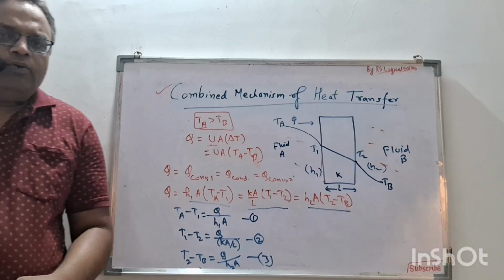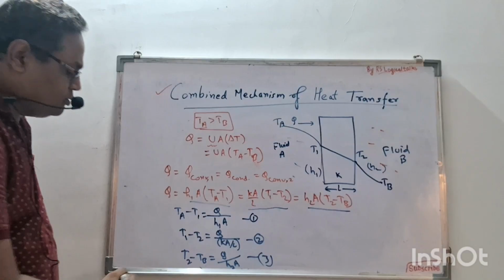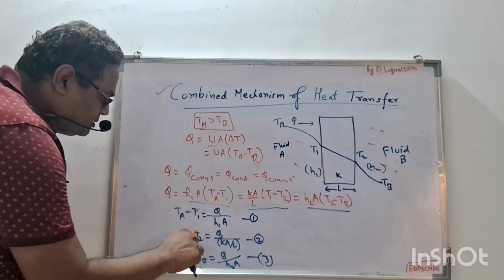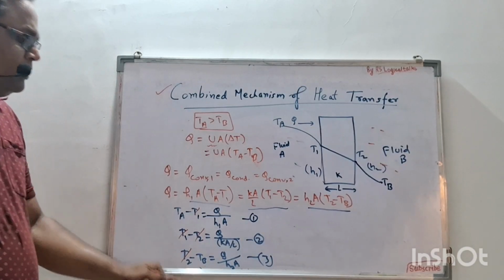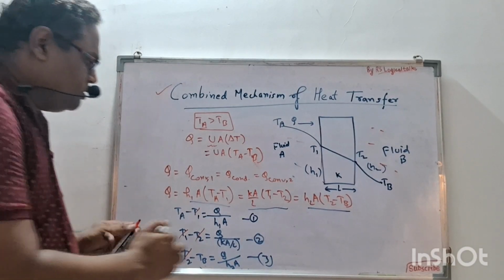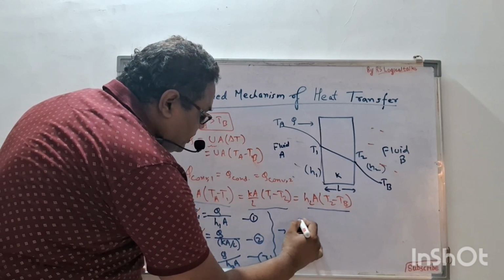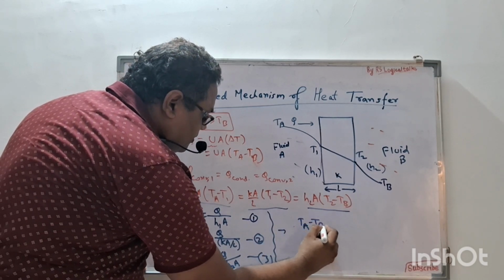Next, we add all these three. When we add them, the intermediate temperatures get cancelled, and ultimately we get TA minus TB.